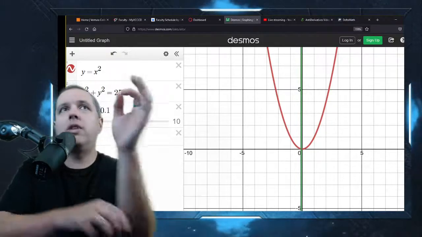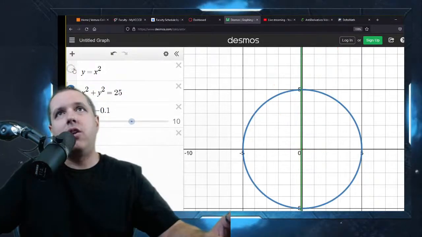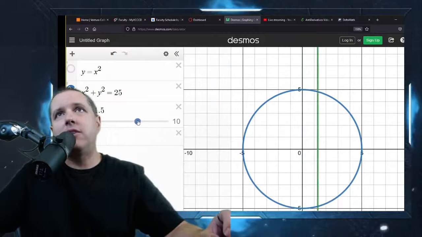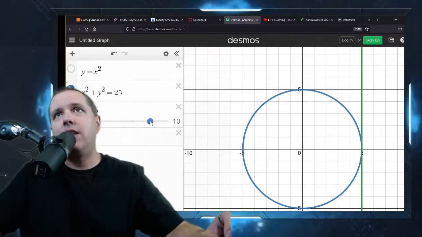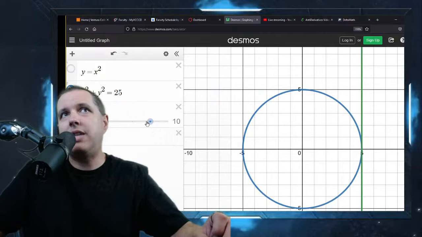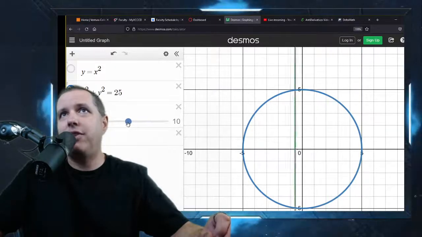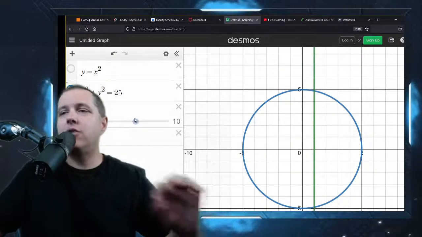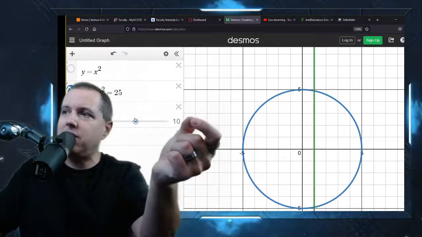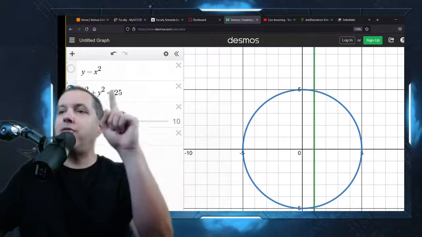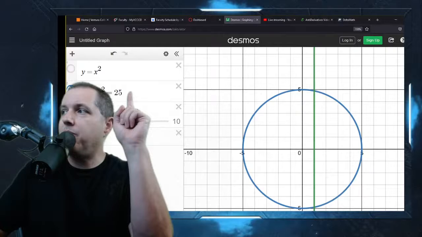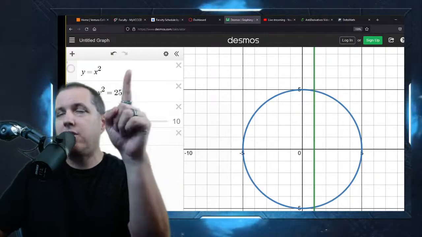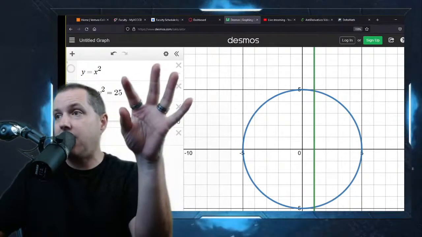Sometimes people do this, and they go, but this is a function because, look, I can put the line right here, and it only hits it once. Well, that doesn't change the fact that it fails to be a function in all these other places. So it's not that you're trying to find a place that passes the vertical line test. You're trying to find a single point of failure. If it fails the vertical line test in one spot, it fails the vertical line test.